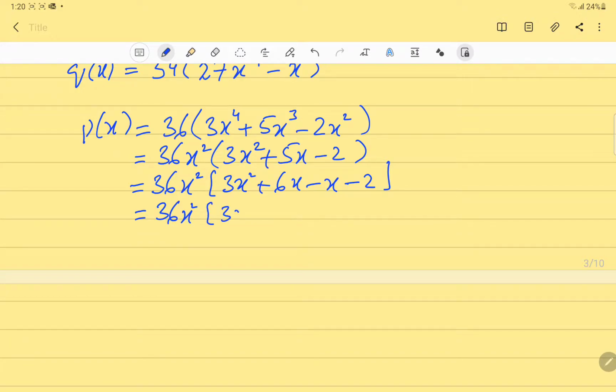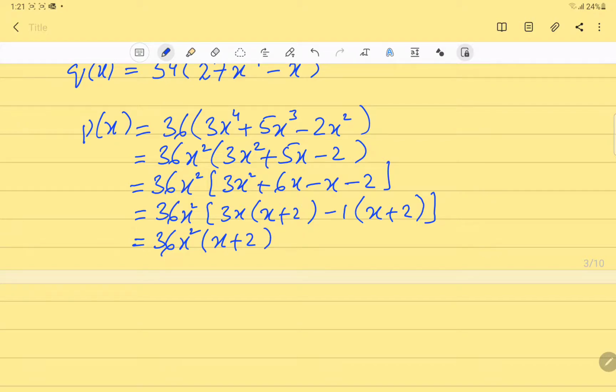In the first two terms 3x is common. In the second two terms we have minus 1 common. Plus 2 common in both the terms, and then (3x minus 1).